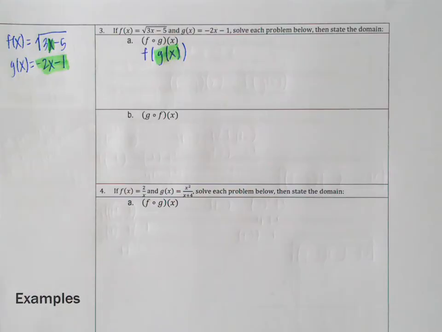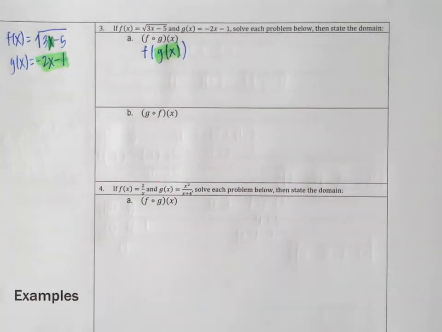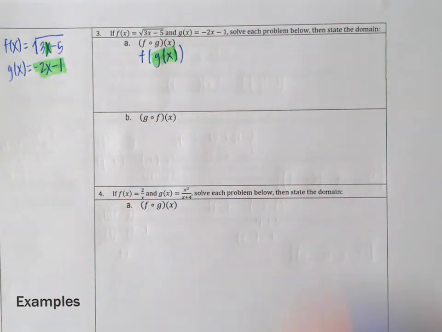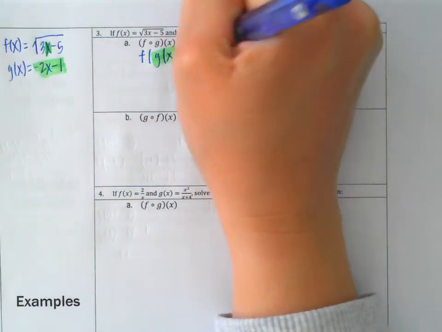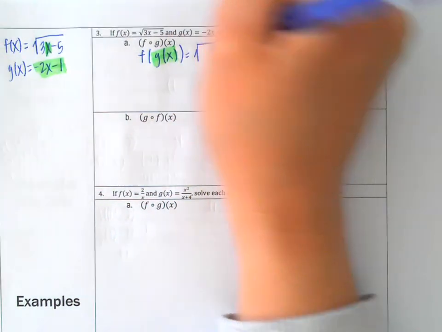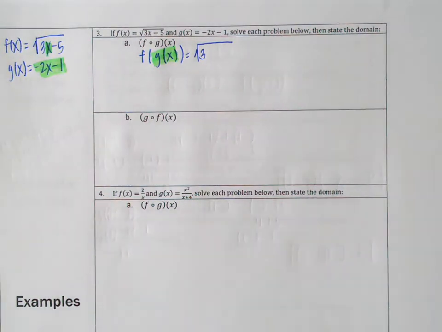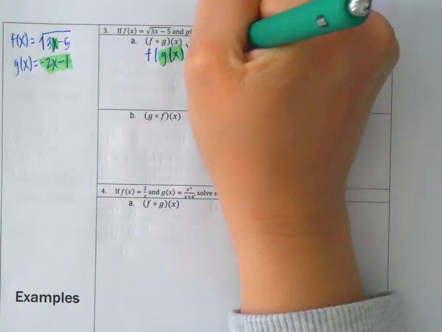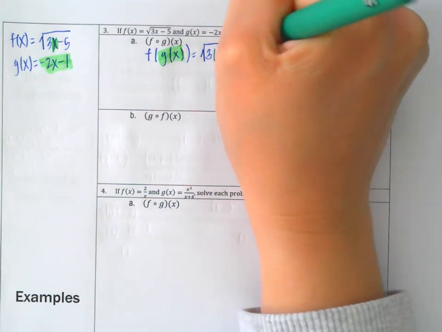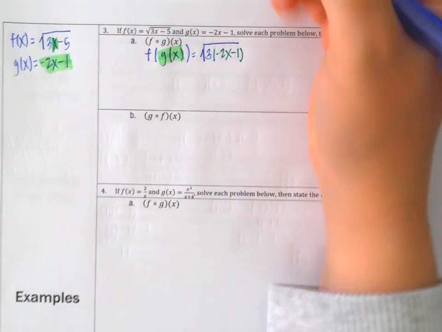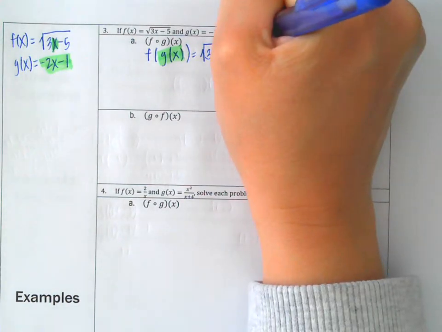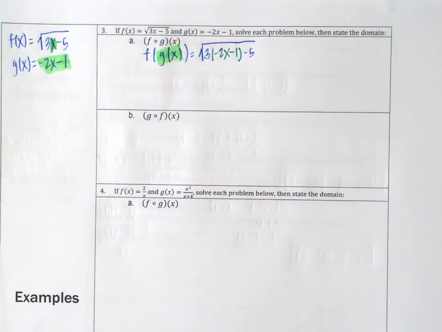There's only one x here, so we plug that in. That gets me the square root of 3 times negative 2x minus 1, minus 5, and that's still all inside the square root.